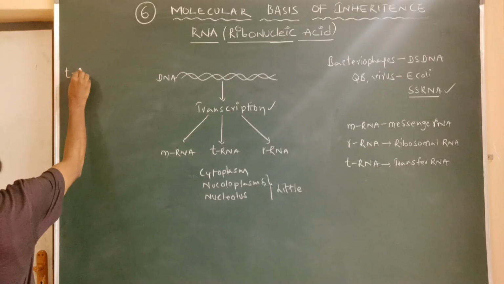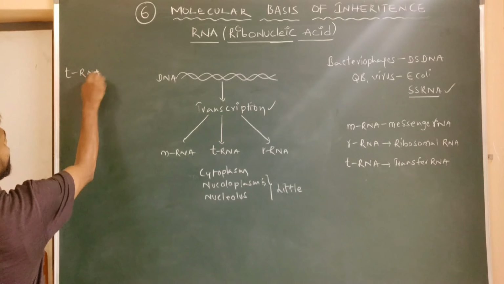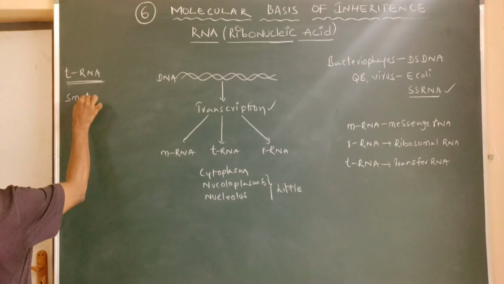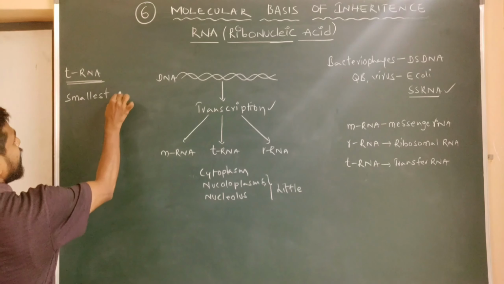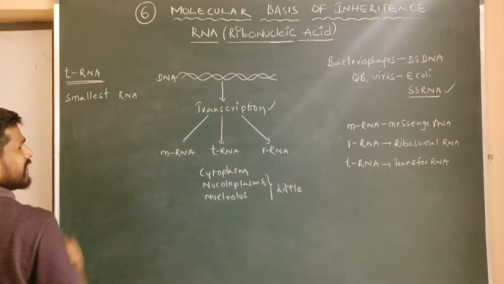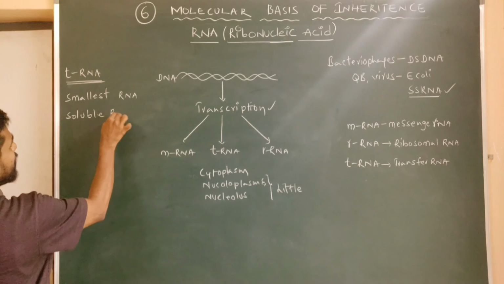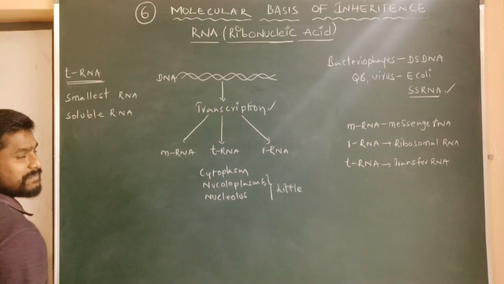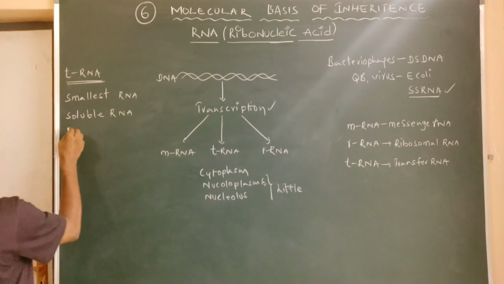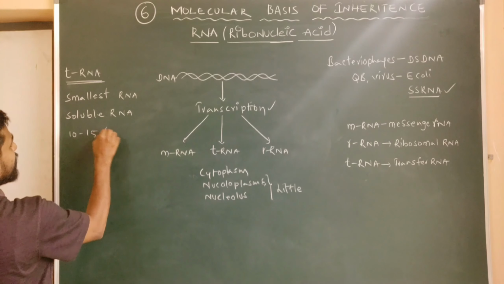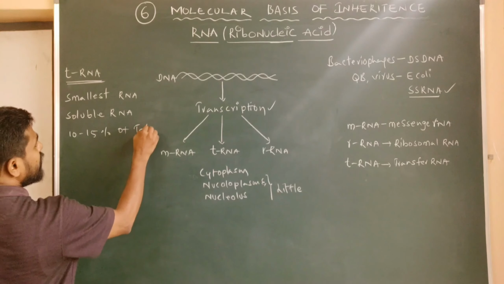Here, tRNA means transfer RNA, we know very well. The tRNA is the smallest RNA among these three, and this is a soluble RNA. In a cell, tRNA molecules are about 10 to 15% of the total RNA.